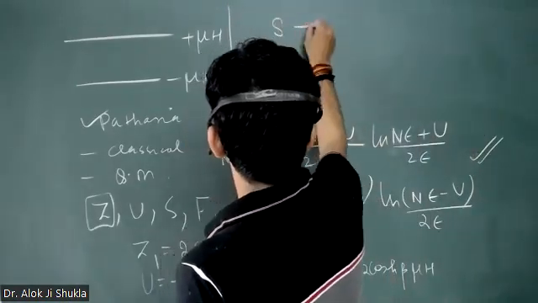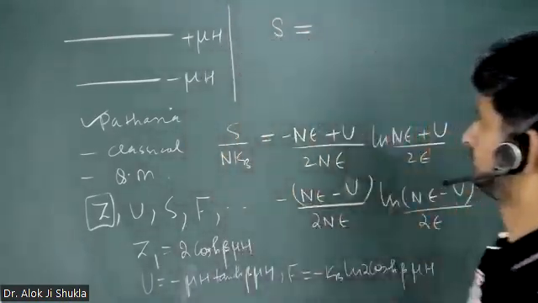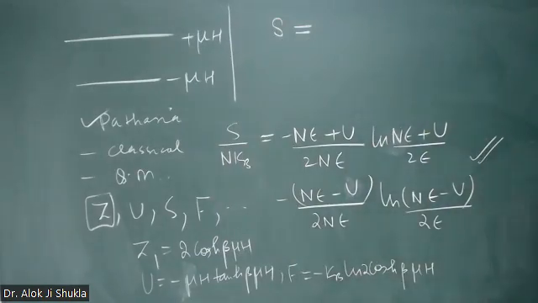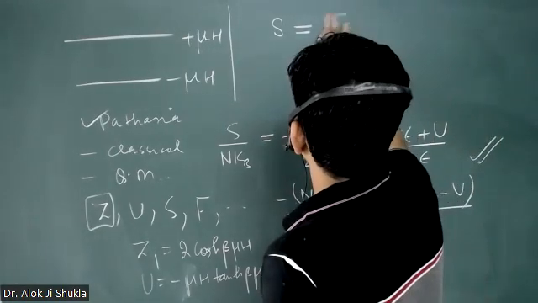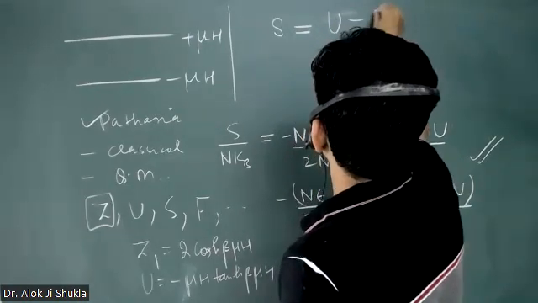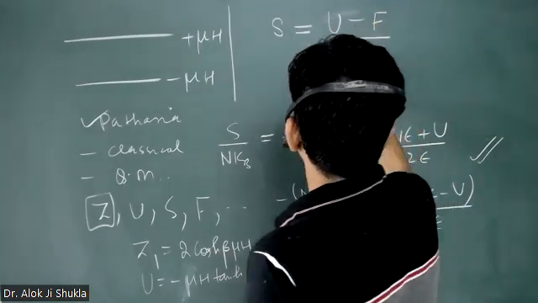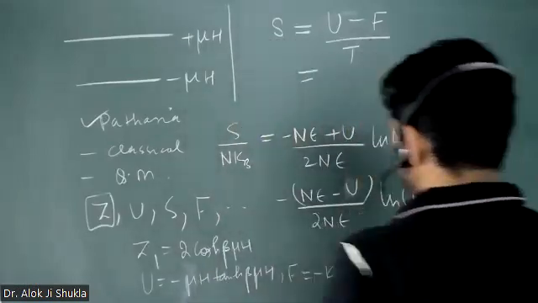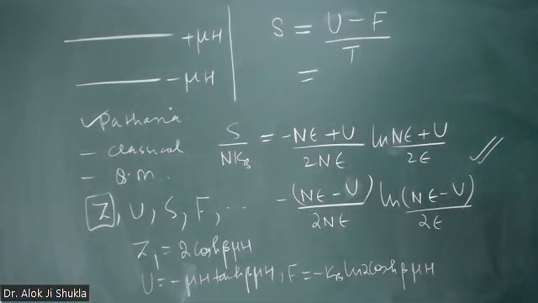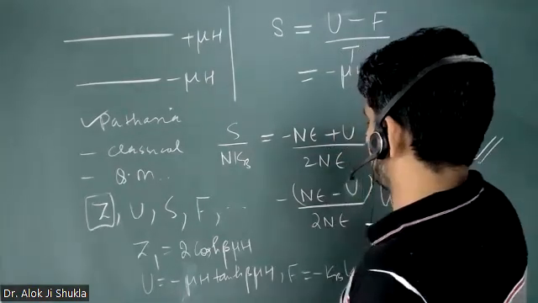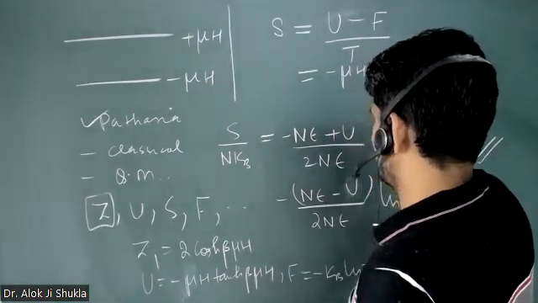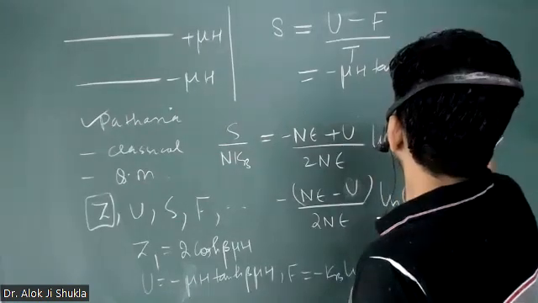S is... what did I write just now? F minus u by u minus f by t. Sorry. U minus F upon T. So what is U? Minus mu H, minus mu H tanh beta mu H.